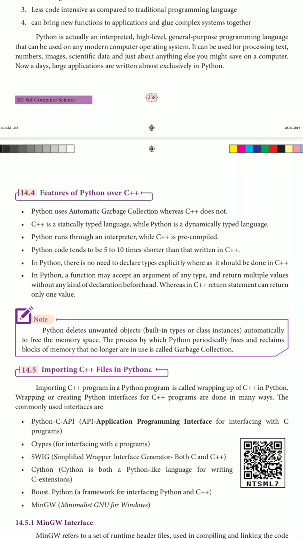Python code tends to be 5 to 10 times shorter than the equivalent program in C++. In Python, a function may accept an argument of any type and return multiple values without any declaration beforehand, whereas a C++ function with a return statement can return only one value.